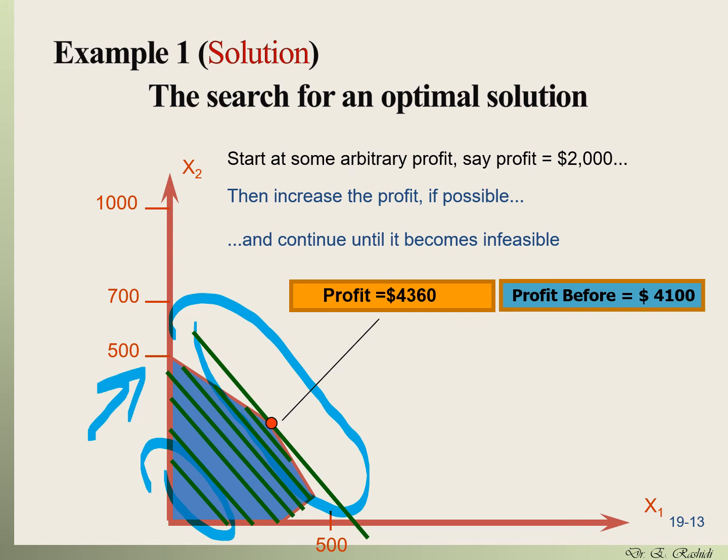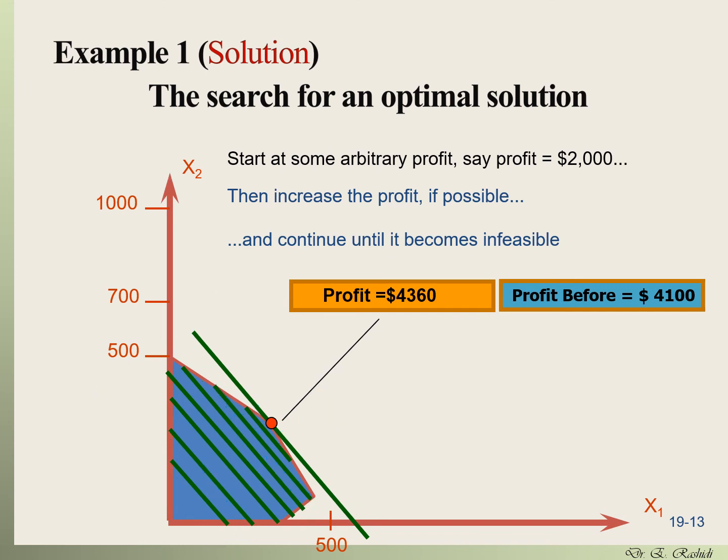The red dot here is the extreme point on the objective function line before it moves out of the feasible space. And this point is our optimal solution.